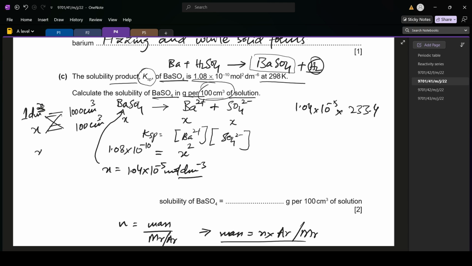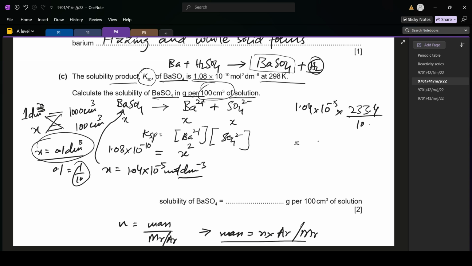So by cross multiplication you will get x is equal to 0.1 dm cube. Okay, so this 0.1 is equal to 1.10. So from here you have to divide it by 10. To change into cm cube, 100 cm cube, and from there you will get the answer in gram per 100 cm cube of solution.